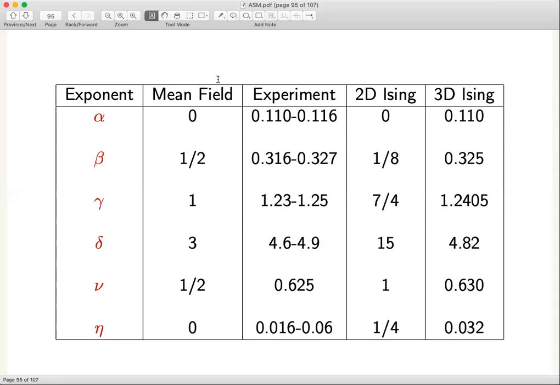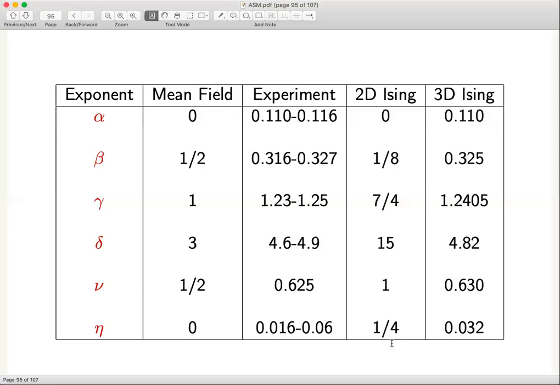So coming back to this table, the last column, as I said, was computer simulation. The one before that, the 2D Ising model, is an exactly solvable model. In fact, you can get the exact partition function at arbitrary temperature. That is the Onsager solution.